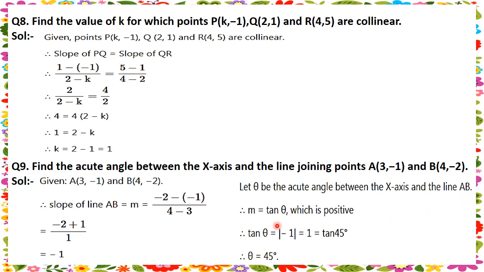Then m is equal to tan theta, which will be positive, and tan theta is equal to the modulus of minus 1, that is equal to 1. And what is the value of 1 in terms of trigonometric relation? That is tan 45. So tan theta is tan 45. Here theta is equal to 45 degrees.